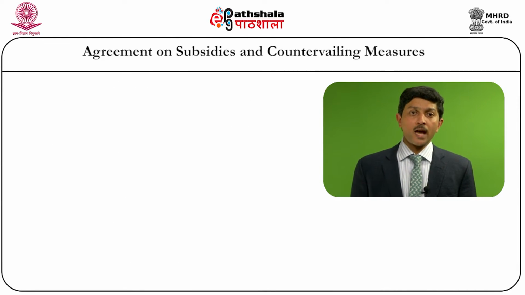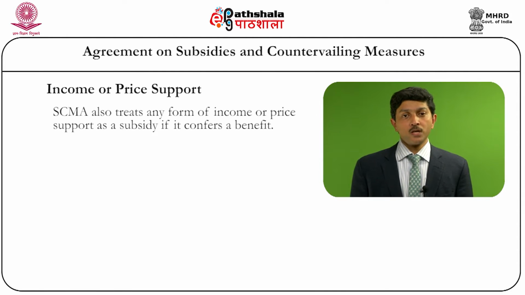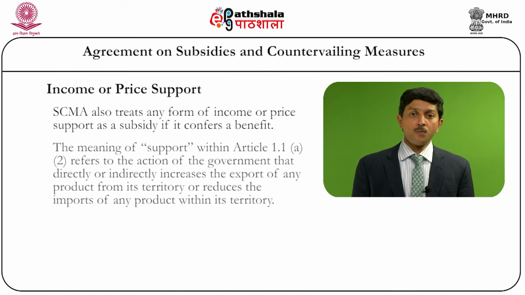The last important category is income or price support. The SCM agreement also treats any form of income or price support as a subsidy if it confers a benefit on the recipient. The meaning of support within the meaning of Article 1.1(a)(2) refers to a situation where the government directly or indirectly increases the export of any product from its territory or reduces the import of any product within its territory.